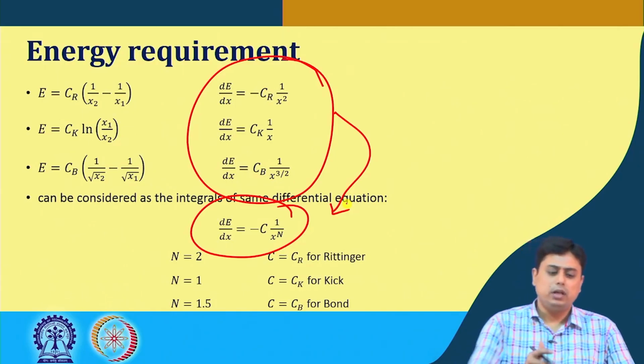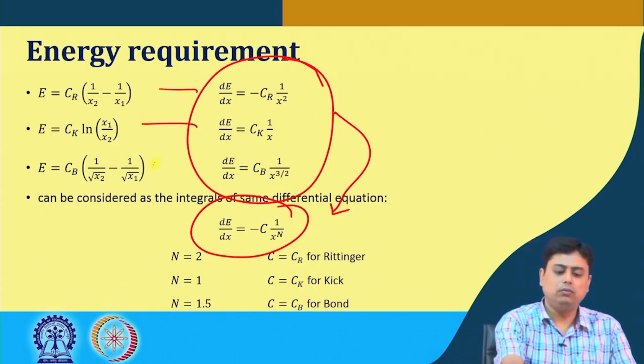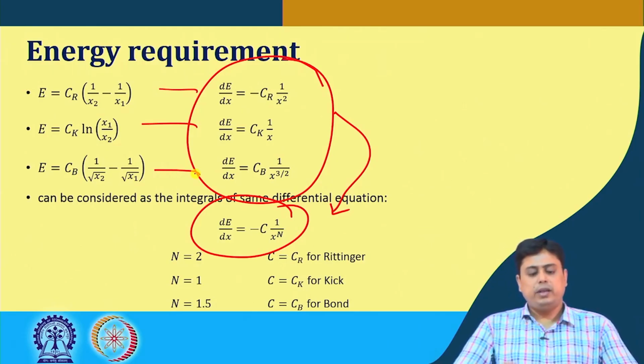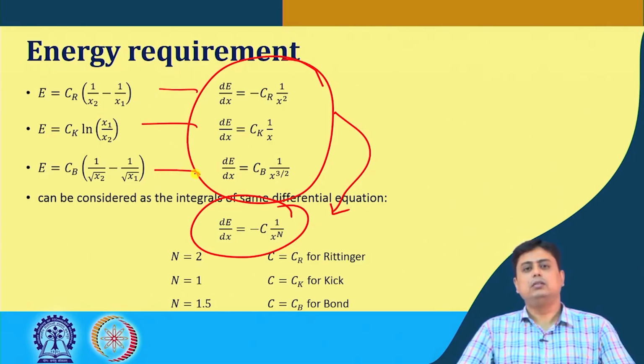So, what happens if we look at the forms of these three expressions? The reason we are able to write this as a generic differential equation is that Rittinger's law came up first, it was modified by Kick, and then further modified by Bond.